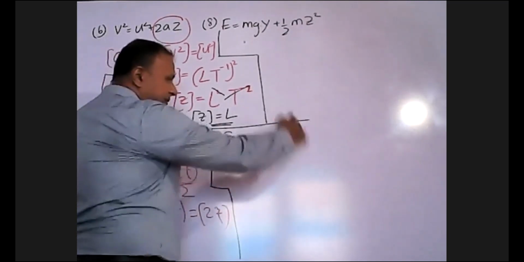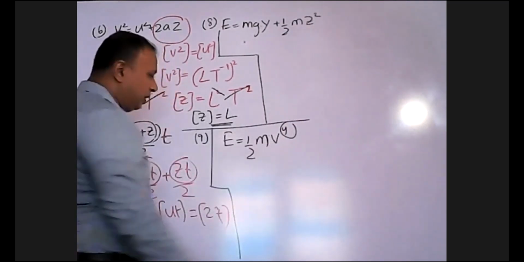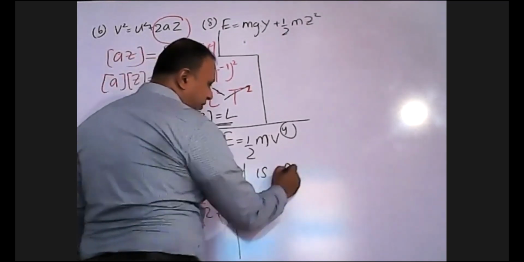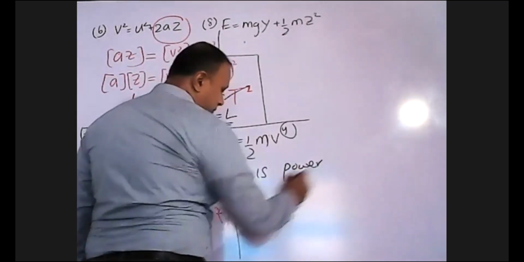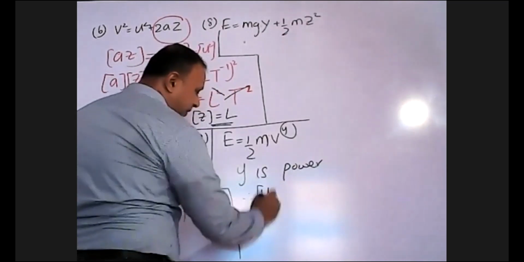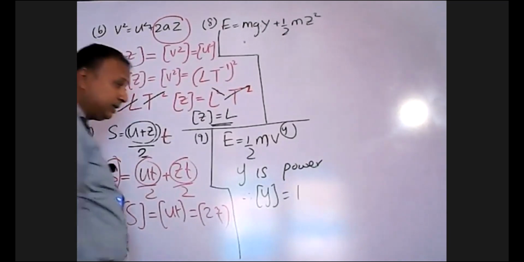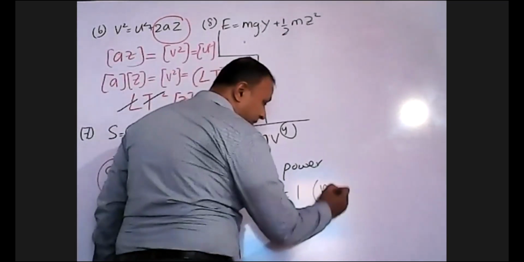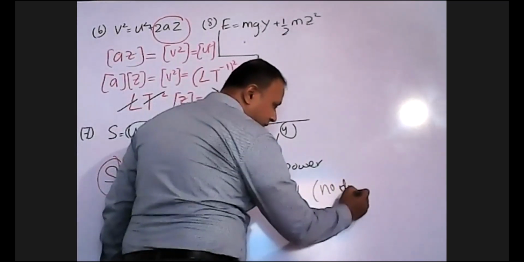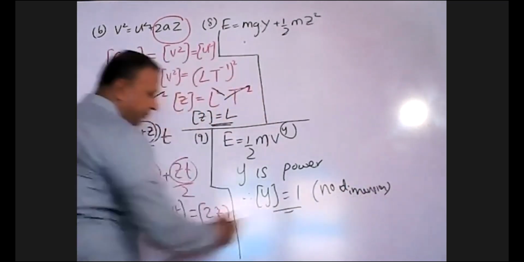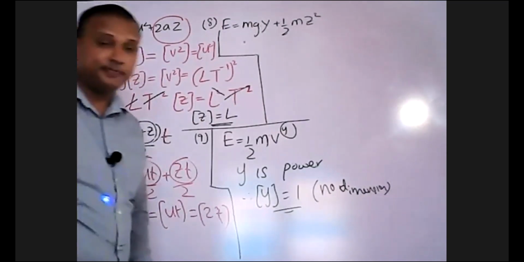Okay, in this case, definitely this is a power. So y is a power. Therefore, the dimension of y is equal to 1. That means no dimension.